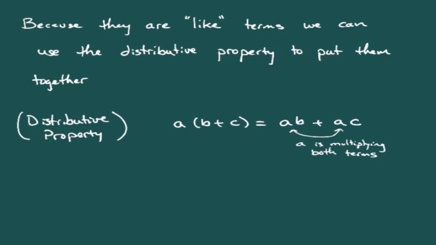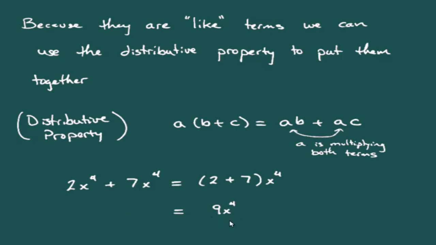Well, we're going to use that distributive property in reverse when we're combining them, that if we had 2x to the fourth power plus 7x to the fourth power, that's really just the x to the fourth multiplying both the 2 and the 7, and so the distributive property says that's the exact same thing as 2 plus 7 times our x to the fourth. And so the 2 plus 7, we know how to add those together. 2 plus 7 is going to give us 9, and so we combine those like terms, 2x to the fourth plus 7x to the fourth, as 9x to the fourth.